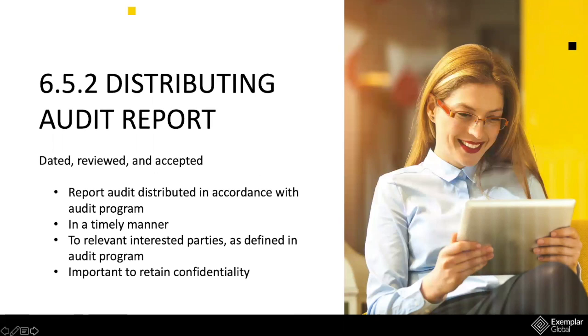It must also be distributed in a timely manner and to the relevant parties, but only as defined by the audit program. This is not something where you can just send it out and give it out to anybody who asks for it. Extremely important because of that last bullet: you have to retain the confidentiality of the entire audit process all the way through the audit report.